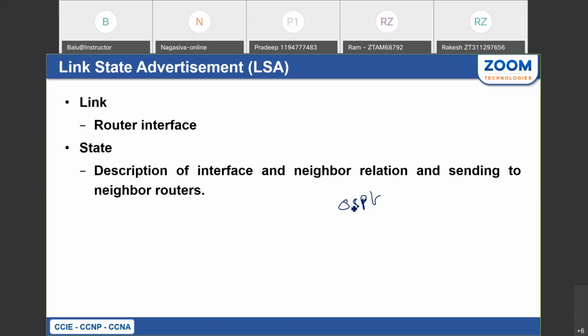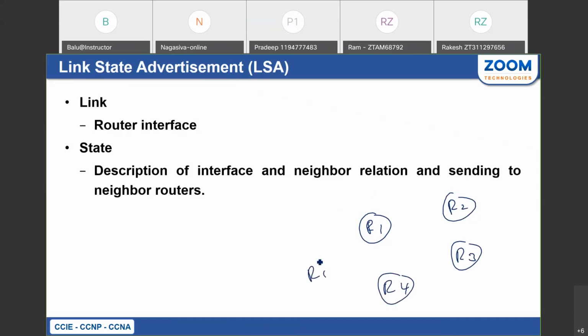If there are no changes, you have no updates. Right? Okay. So in R1 router, R2 router, R3, R4, R5, some network uses. Between all routers, I configured OSPF.